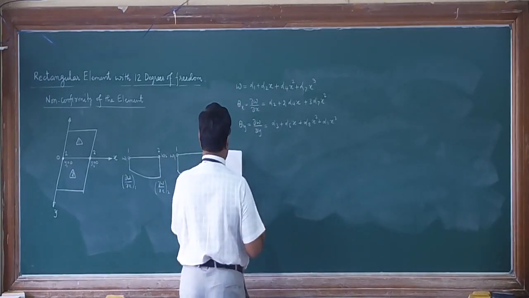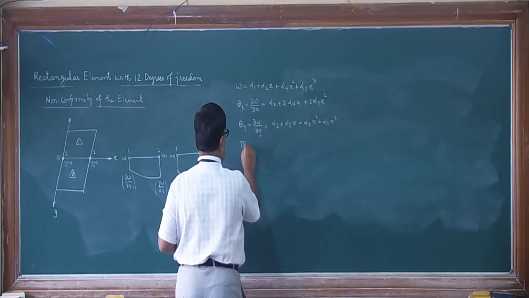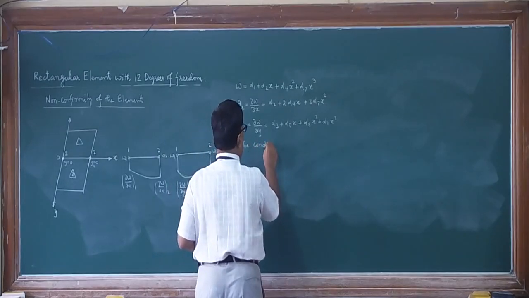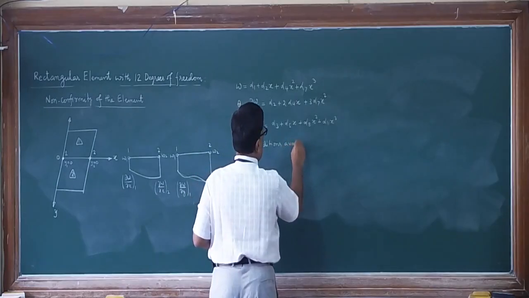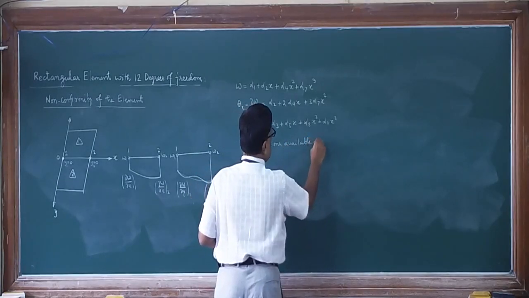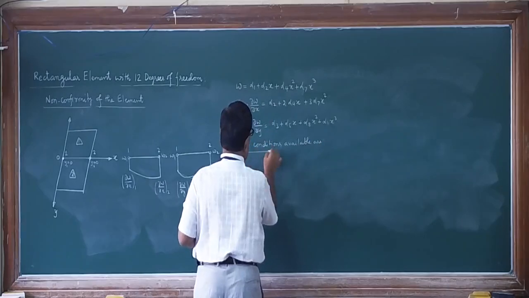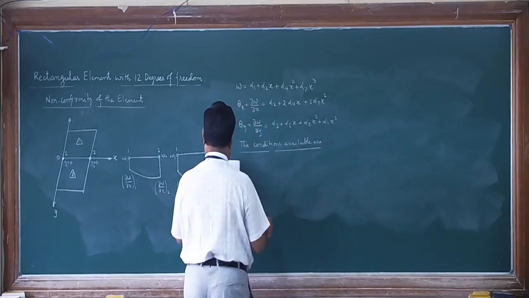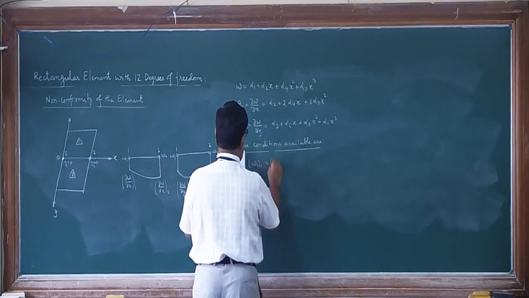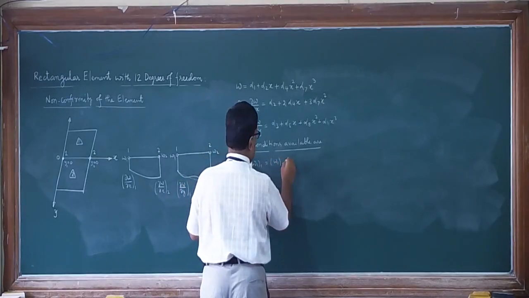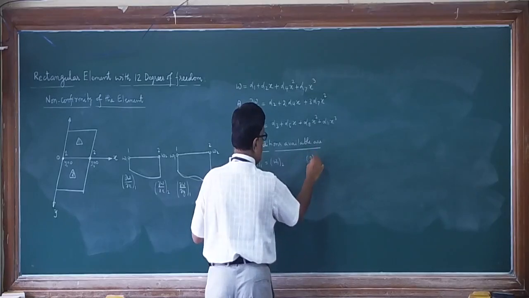So the conditions available are, see here at both node 1 and node 2. First, deflection W1 at node 1 and W1 at node 2, they have to be the same. So let us call this equation number 1.